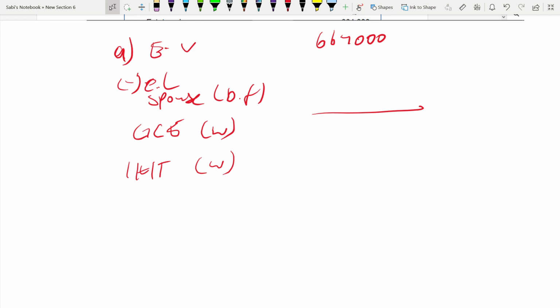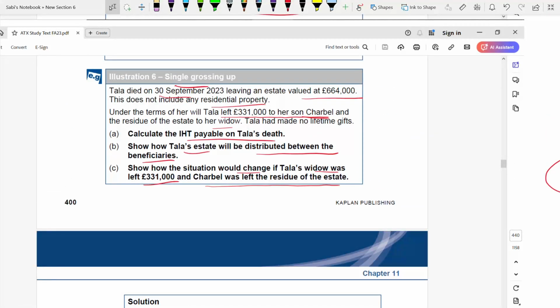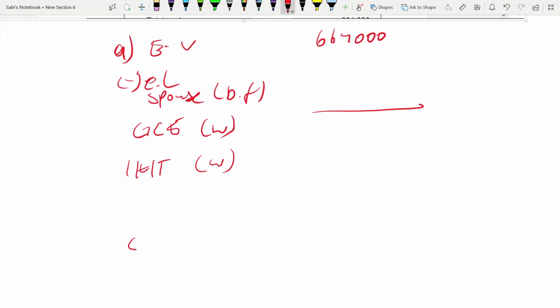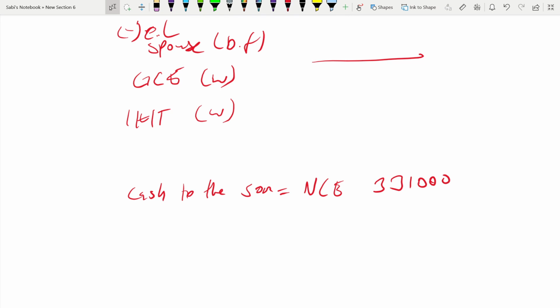Cash to the son. Whatever is cash to the son is net chargeable estate. Only one gift is there. That is 331,000. So cash to the son equals net chargeable estate, which is 331,000. Only one gift. That's it. From here, deduct the residence nil rate band. No lifetime gift, so 325,000 nil rate band.